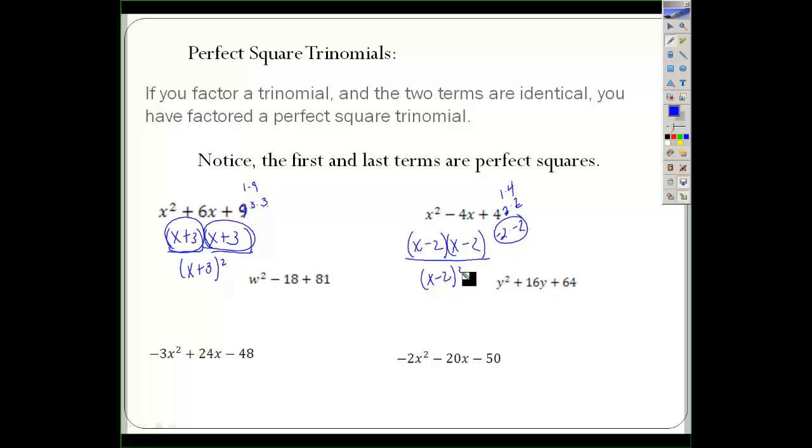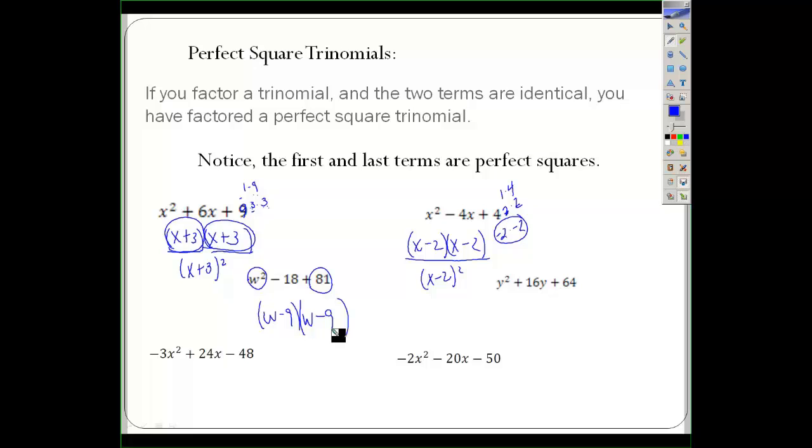All right, and as you get good at these, what you notice is the front term is a perfect square and the back term is a perfect square. And so without doing all this extra work, I need to kind of think about it, but I know that because it's a perfect square, I know that negative 9 and negative 9 multiply to get 81. I can just throw them in there right away.